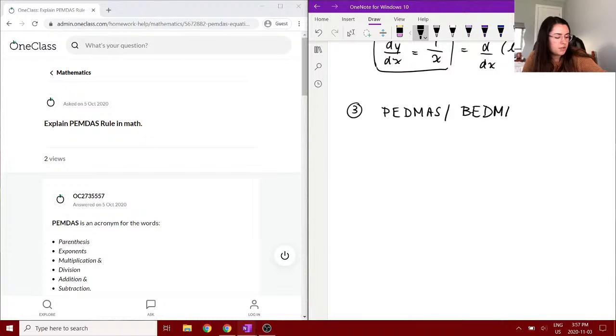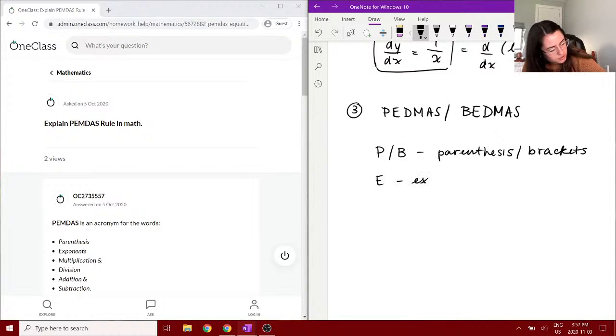And I'll just explain what this means. So the P or B stands for parentheses. I can't even spell it. Oops. Parentheses. Or the B stands for brackets.